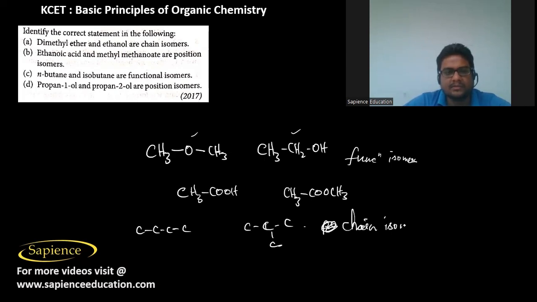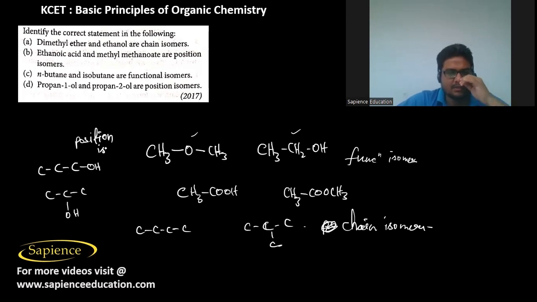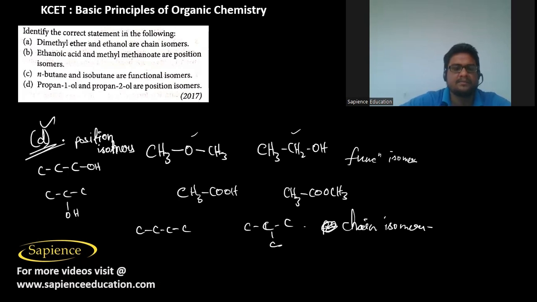They are chain isomers. And propan-1-ol and propan-2-ol. So they are position isomers, since in both these compounds the position of the OH group is not the same. So option D is the correct answer.